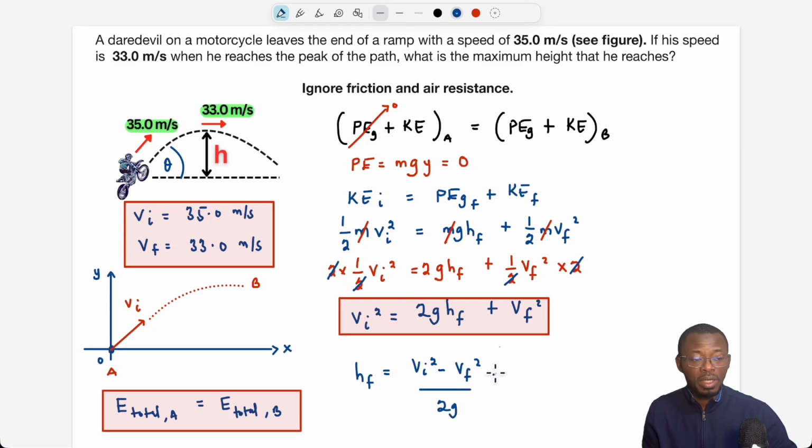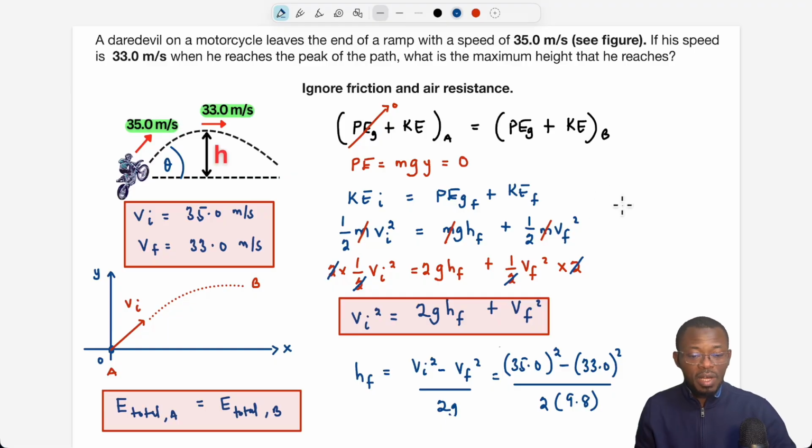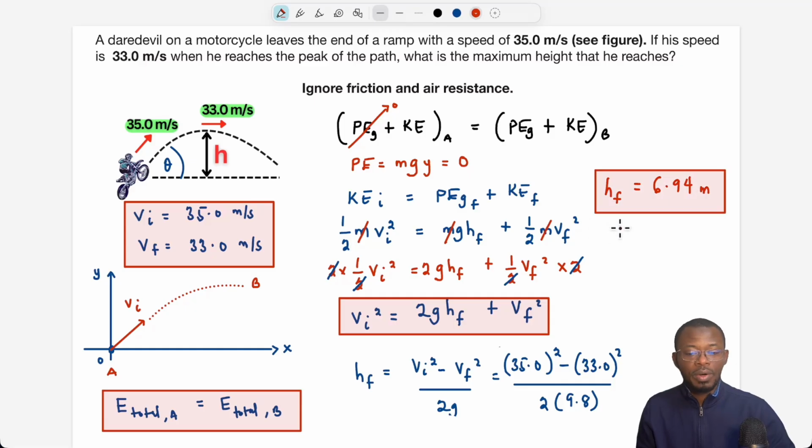If we plug in those values, we are going to have 35.0 squared minus 33.0 squared, divided by 2 times acceleration of free fall, so 2 times 9.8. Evaluating this, the maximum height hf, or the final height reached, is going to be 6.94 meters. All right, so this is the maximum height reached by this motorcyclist.